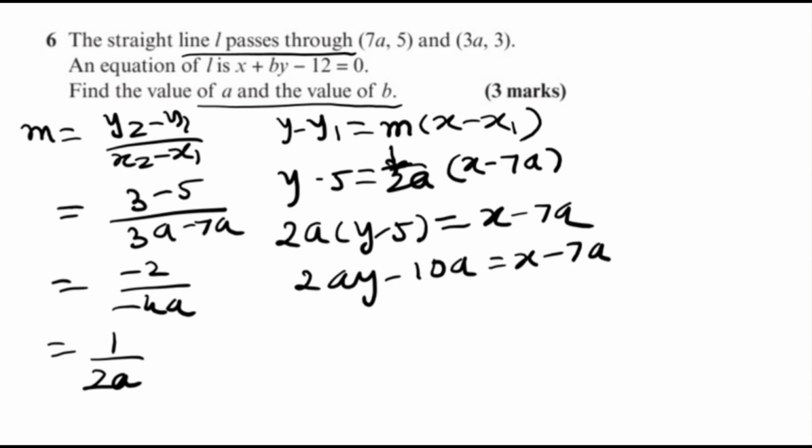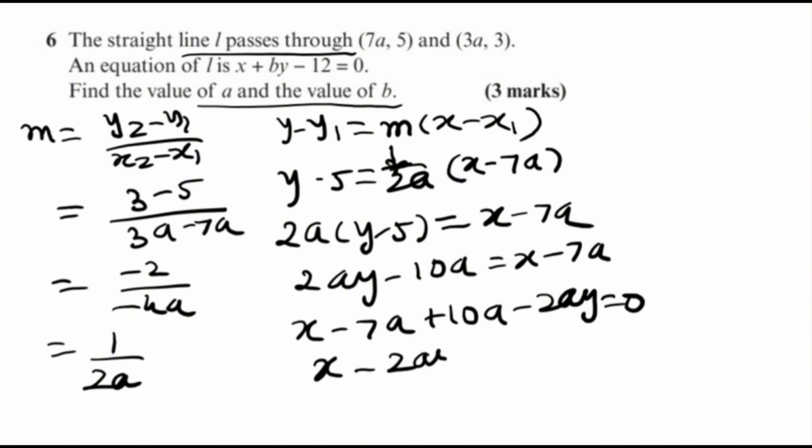Now I need it equal to 0, so I am moving everything to one side. So x minus 7a plus 10a minus 2ay equal to 0. So my equation is x minus 2ay minus 7a plus 10a, which gives you plus 3a, equal to 0.